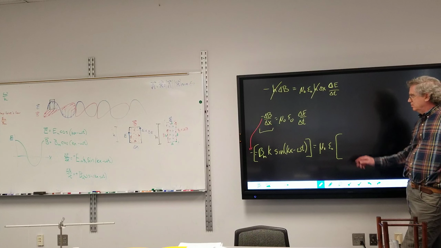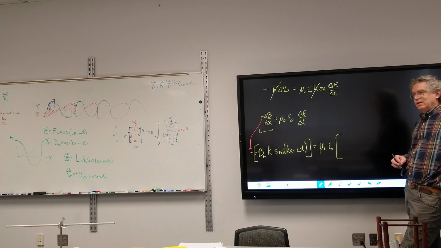Maybe positive? Would it be positive? Why? Because my brain just saw the delta B over delta t and was like, well, that one's positive. It would be negative E_m omega, right?